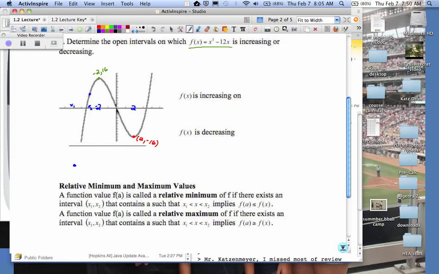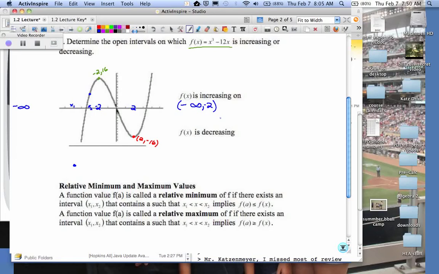Where did it start? What's way over here? So we start way on the left at -infinity. We come all the way into -2. The graph was going up. What's happening between -2 and 2?